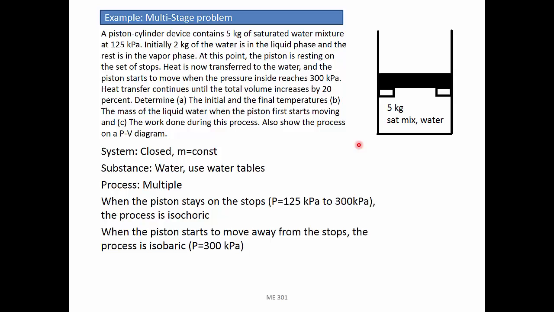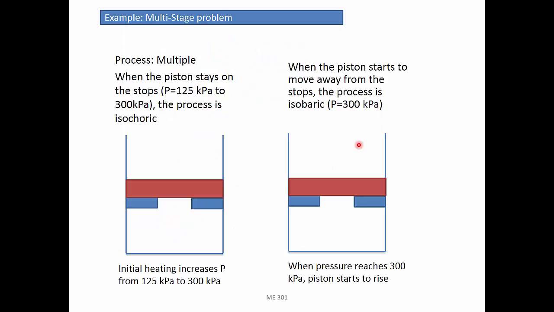We will talk about it in the next slide, and look at the motion of the piston and discuss why the processes are isochoric and isobaric. When the heating starts, the pressure will start to increase. As per the problem statement, it takes an equivalent pressure of 300 kilopascal to raise the piston.